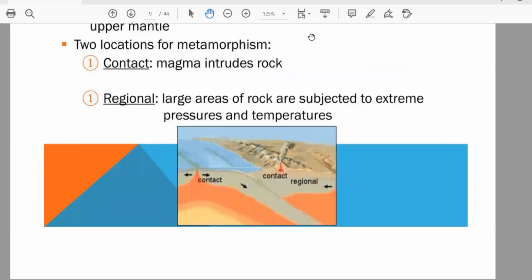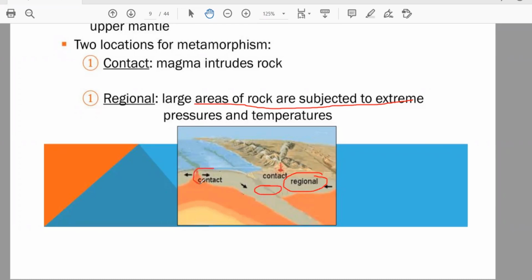Number two, the regional. What do we mean by regional? Large areas of the rock are subject to extreme pressure and temperature. So you will find a large area like this one, and the rocks come over each other, and then due to the high pressure, the metamorphic rocks are formed. So there are two ways.